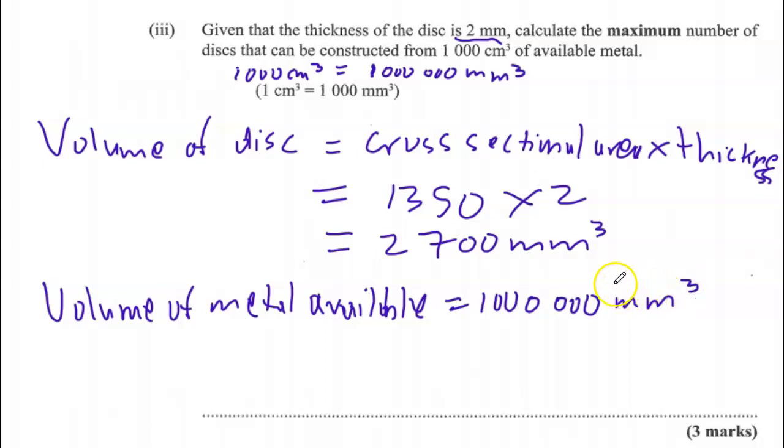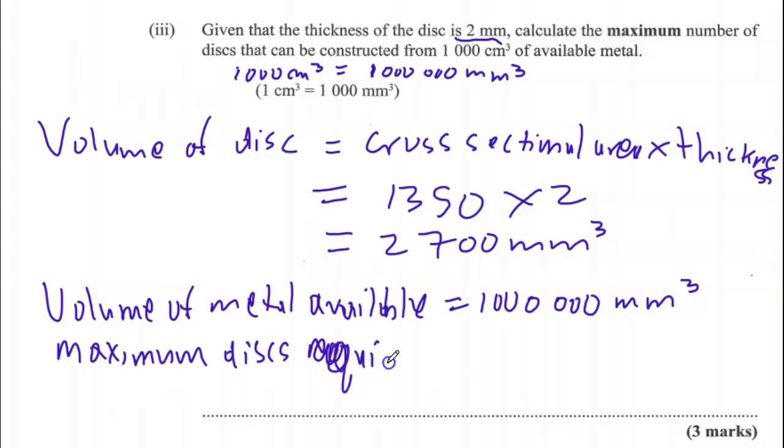So therefore, the maximum number of discs required would be equal to the volume of metal available over the volume of a disk.